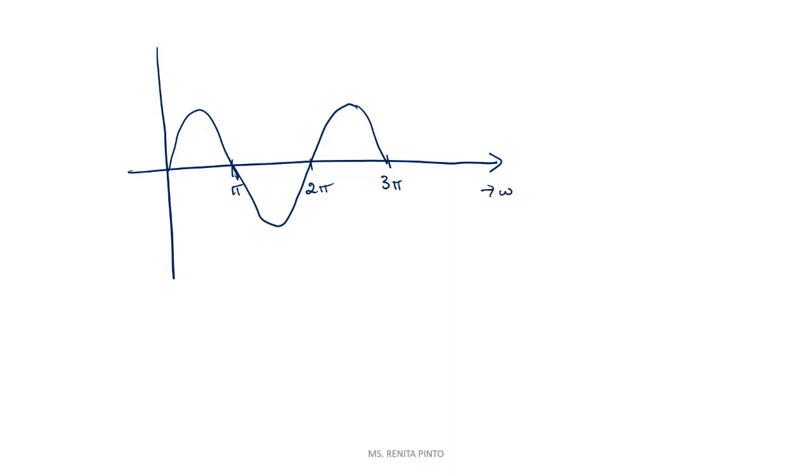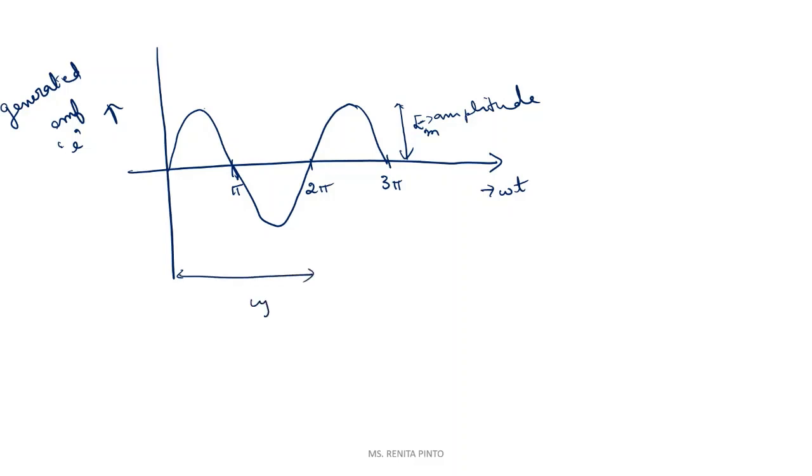So omega t on the axis, and this is the generated EMF E. This is the amplitude Em, and you know this one full is one cycle, right? So this is how the graph of the generated EMF will look like.